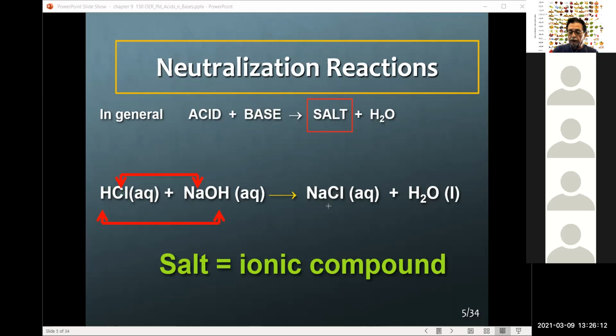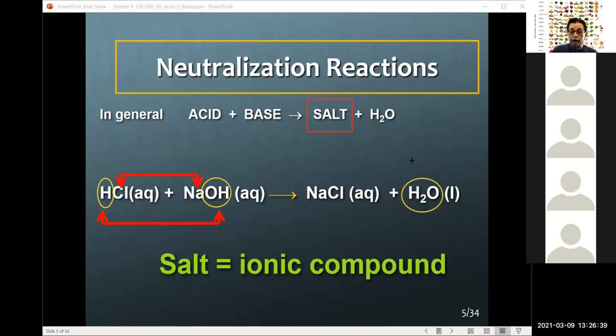And we're going to learn that sodium chloride is soluble in water, so they're going to stay as ions in solution. Okay. The main ones that are doing anything is the hydroxide and the proton. They get together, neutralize each other, and form water.